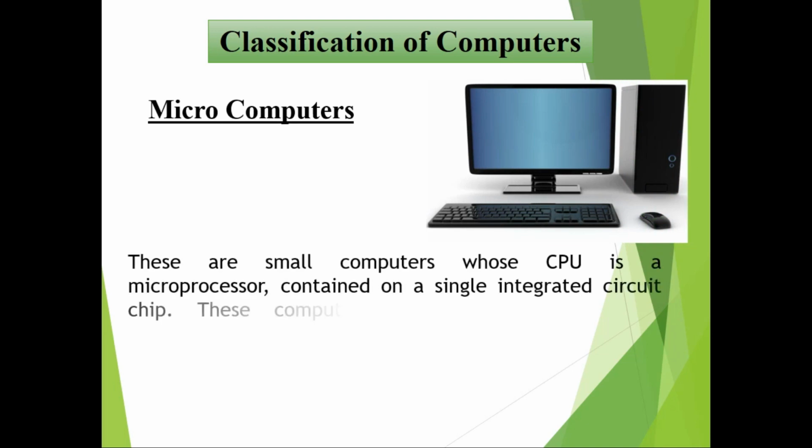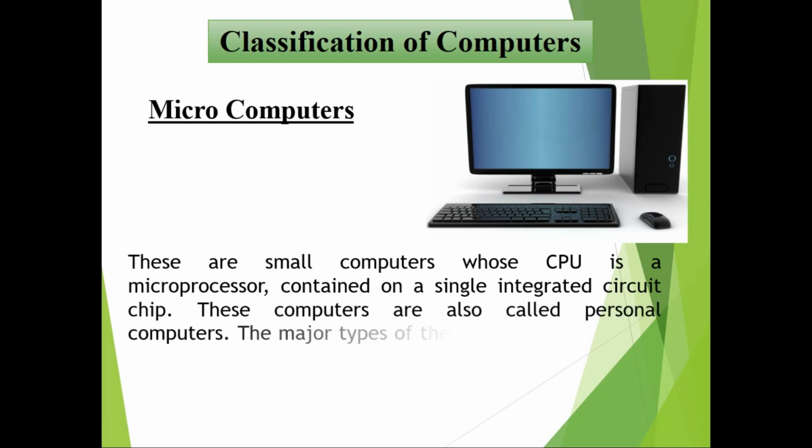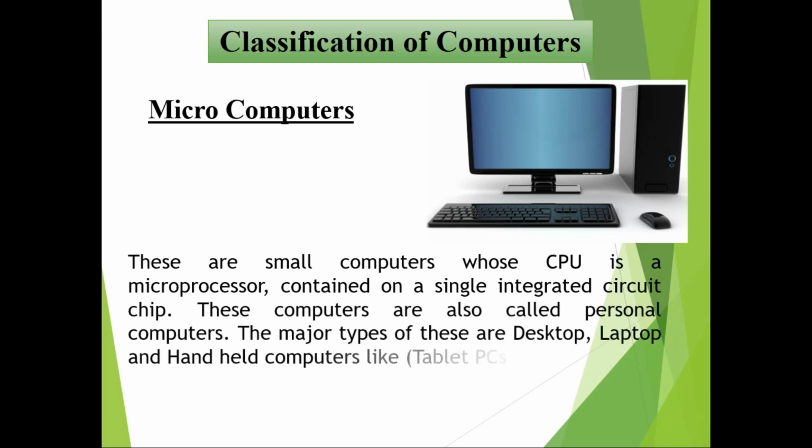The computers which you use now, like your desktop, laptop, tablet PCs, smartphones, all these types of computers are called microcomputers. A microcomputer is a small computer whose CPU is a microprocessor contained on a single integrated circuit chip. These computers are portable, meaning you can keep your computer anywhere and you can move.